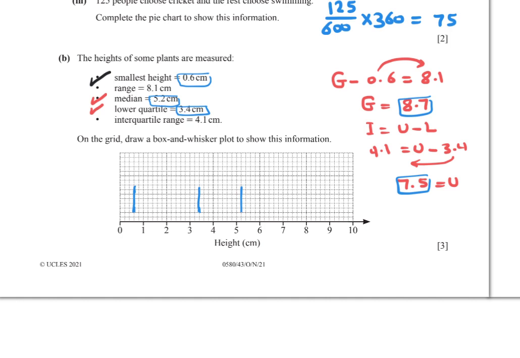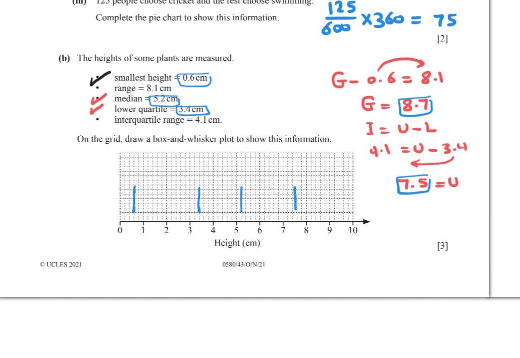Upper quartile 7.5, so 7.5, two squares and a half, so this is 7.5.